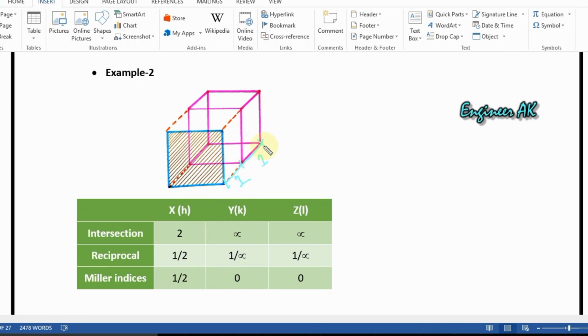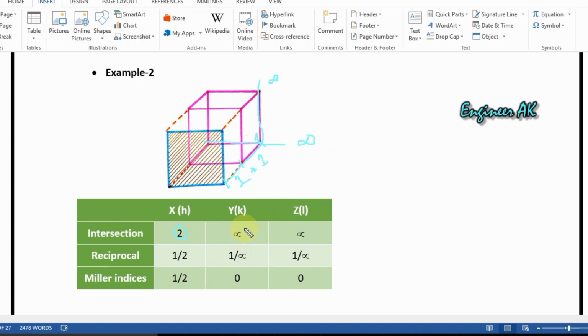So from the origin till here, on the x-axis where the plane is cutting, if I add them up, it becomes 2. So here I write it as 2. If I move along the y-axis, it is cutting at infinity, and along the z-axis, again it is infinity.